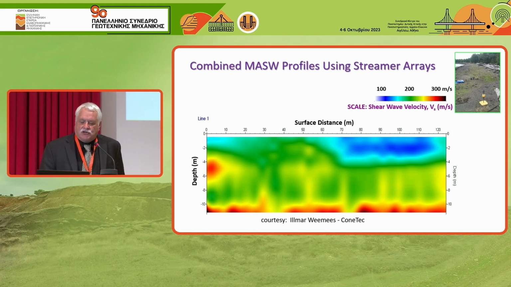And it's interesting because if you remember, my reference point was what? VS 180 meters per second. What color is that over here on the scale? Anything less than 180 is blue, right? Blue. So you can just see the blue, you can just see where the bad ground is, all that area there on the right-hand side and the upper.